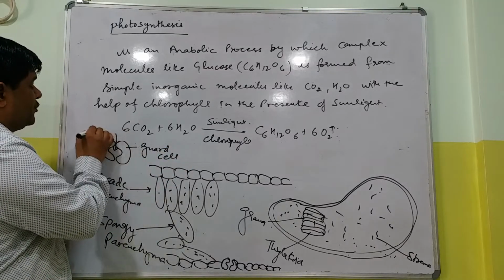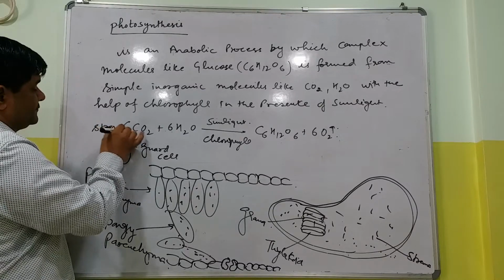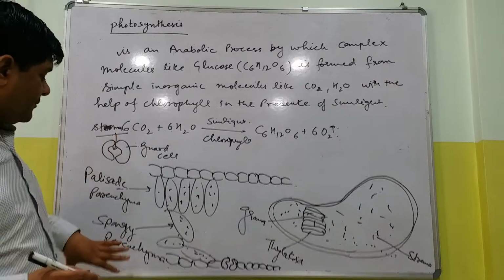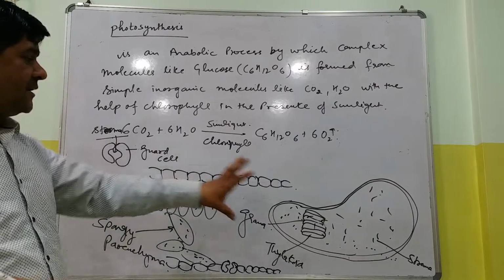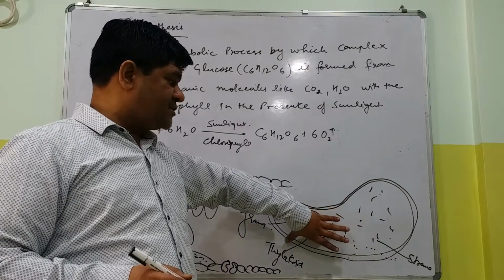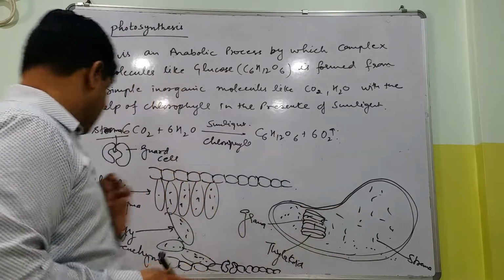It has a pore called stoma. So guard cells, stomatal cells and mesophyll cells are present, and mainly the chloroplast is responsible. It is called the kitchen of the cell. It is responsible for photosynthesis.